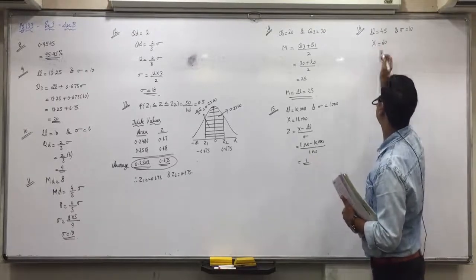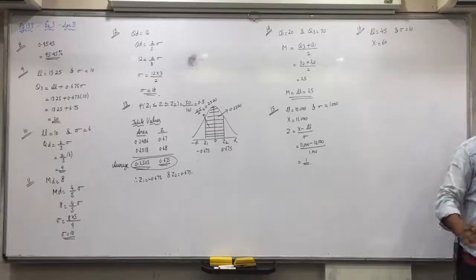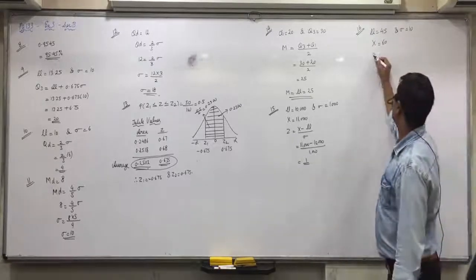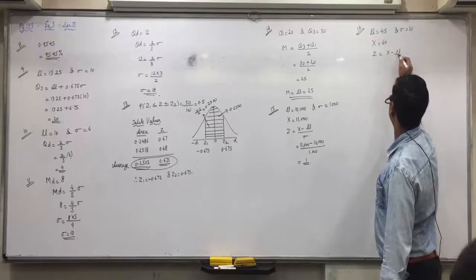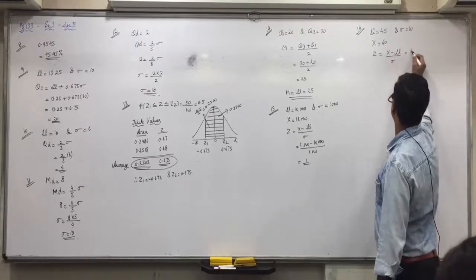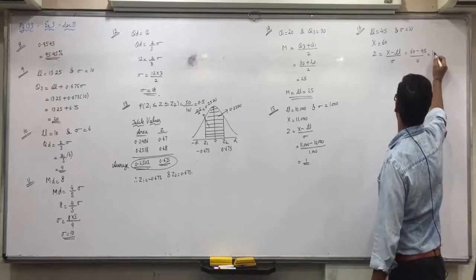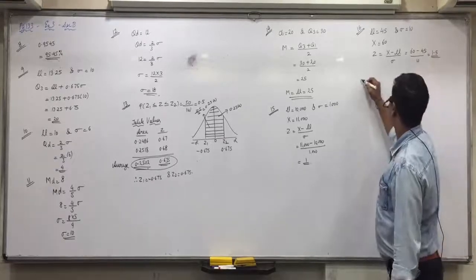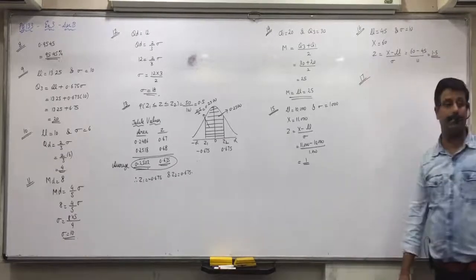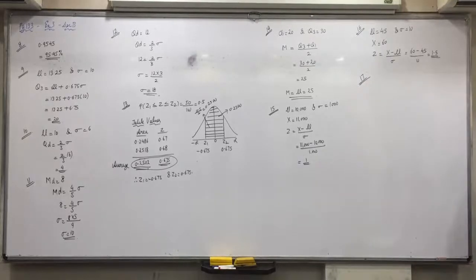X is 60. Only Z is to be obtained. Z is equal to X minus mu upon sigma, 60 minus 45 upon 10, 1.5. Understood that?